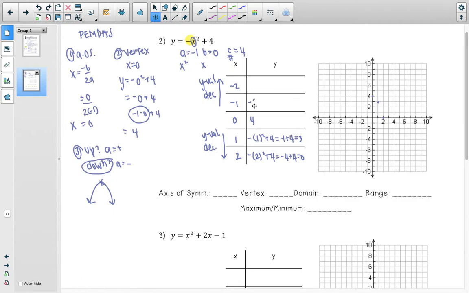So you have negative 1 squared plus 4. Negative 1 squared is 1. The negative just sits there on the outside. So you get negative 1 plus 4, which is 3. These answers should be the same, and they are. And they're decreasing off of this vertex. If you plug in negative 2, remember we're plugging it into the negative x squared plus 4, the equation right up here. The negative just sits there.